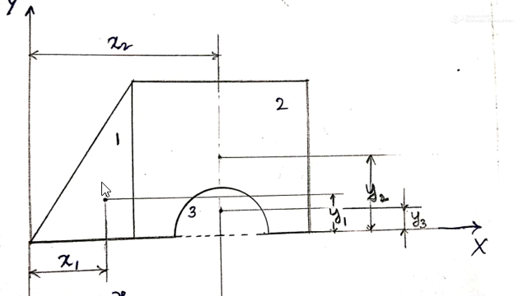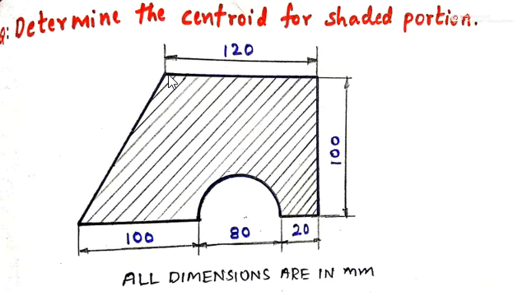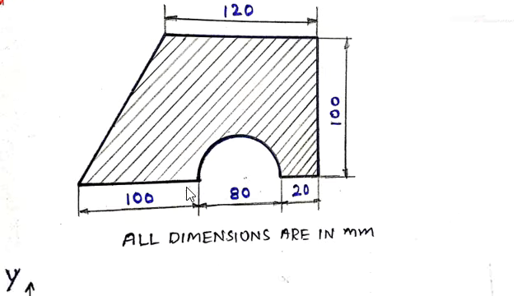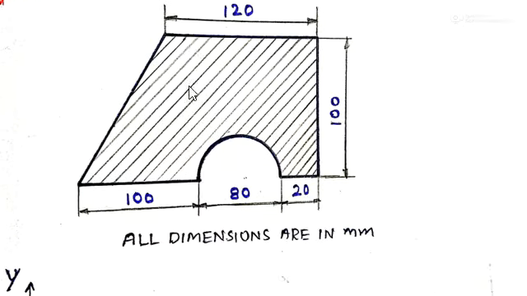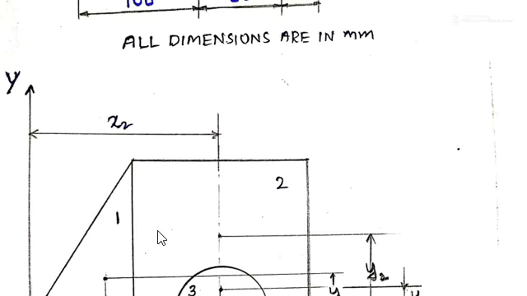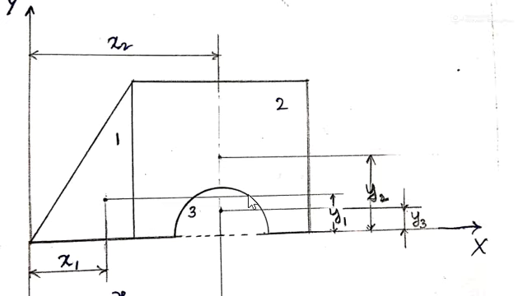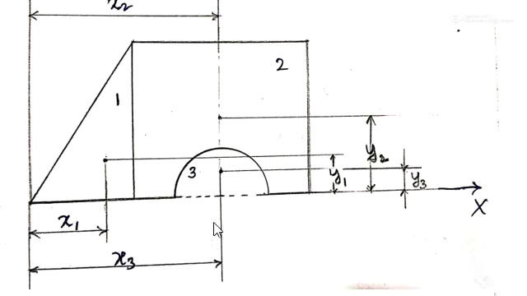Here we drop a perpendicular line, such that this becomes a triangle, which is area 1, and this rectangle will be area 2. The total 120 by 100 rectangle we take, including this semicircle, not removing it. After that we take this semicircle as area 3.